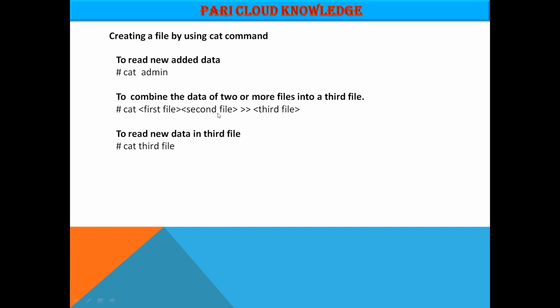And if you have two files, for example first file and second file, and you want to copy both files' data into a third file, to combine the data of two or more files into a third file, just type cat, then the first file, then the second file, then the greater-than symbol two times, then type the third file name. And if you want to read the data from the third file, just type cat, then the third file name.